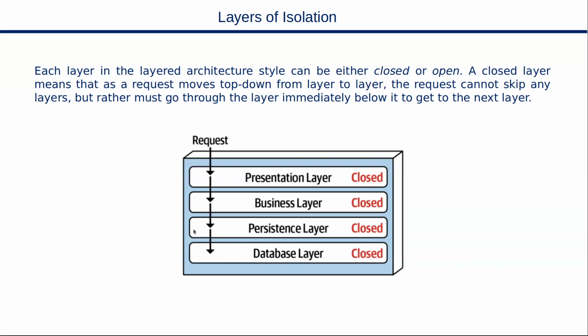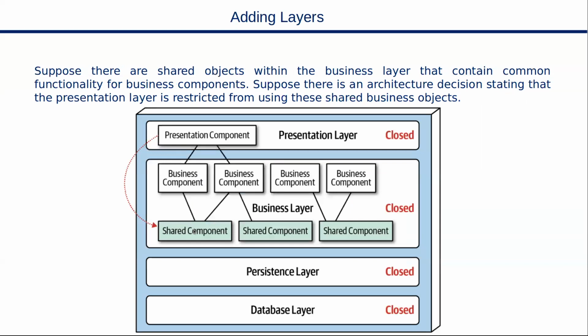So let's imagine a situation where we are trying to add some layers. Suppose there is a shared object within the business layer that contains common functionality for business components. So here it is, the shared component. And suppose there is an architecture decision stating that the presentation layer is restricted from using these shared business objects.